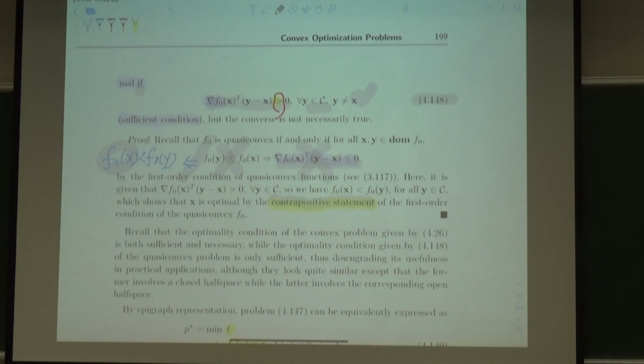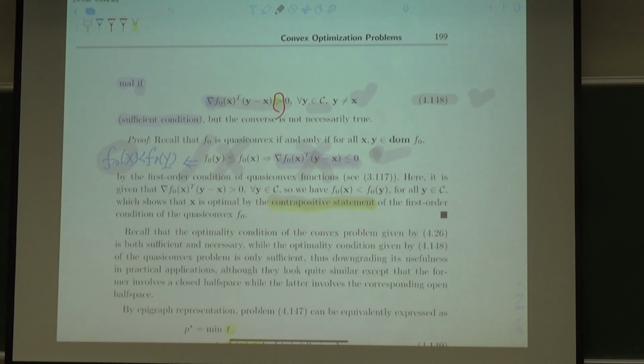So this theory is based on the contrapositive statement of the definition of a quasi-convex function.